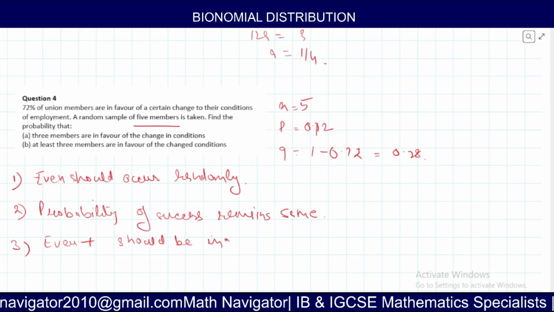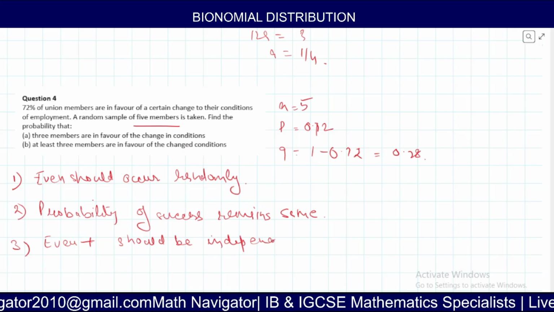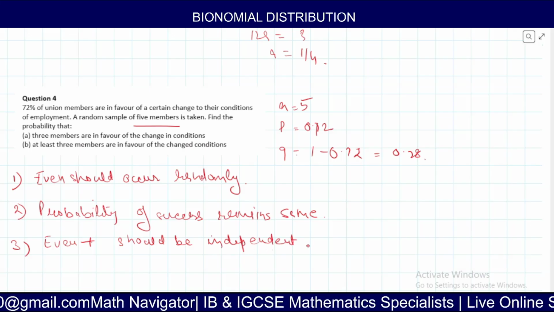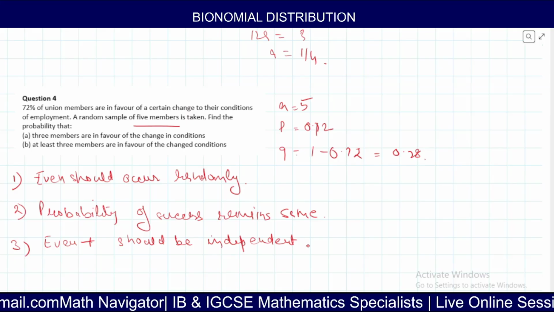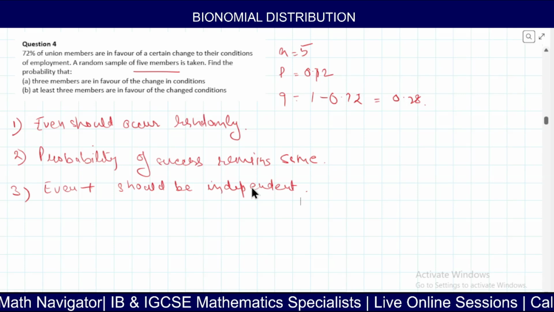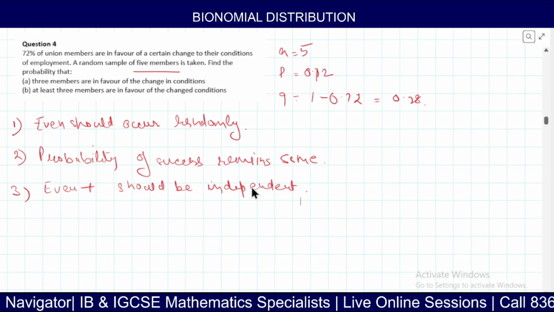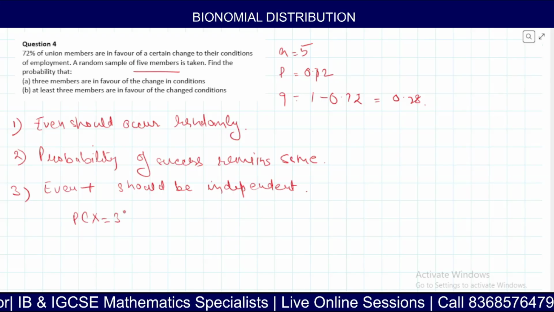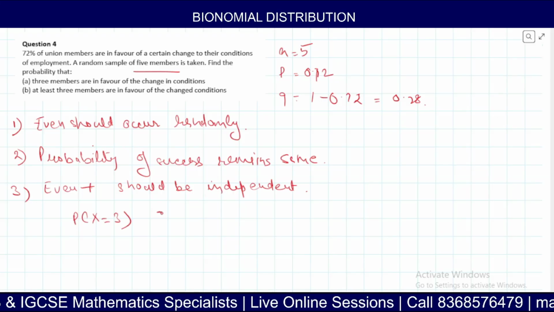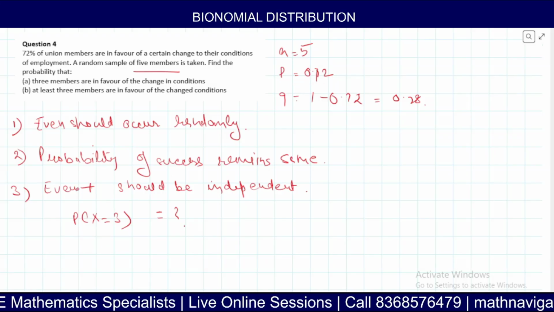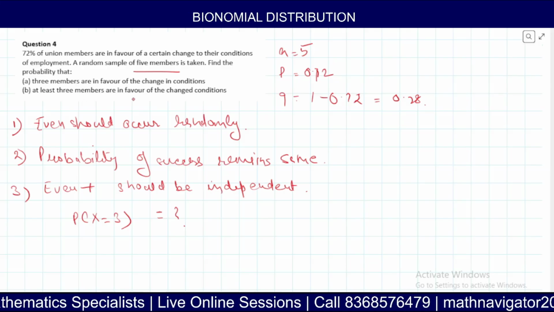Now I'll tell you how to use the calculator. Right. So basically, if you see this, there are 2 types of questions. 3 members are in favor of the change. So that means the number is fixed. I have to find the probability of x is equal to 3. So I'll tell you how to find it with the calculator, with the value of n given and the value of p given. And the second thing is at least 3 members.